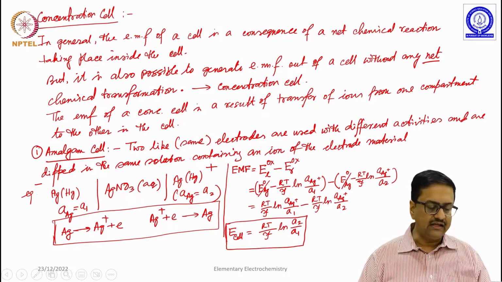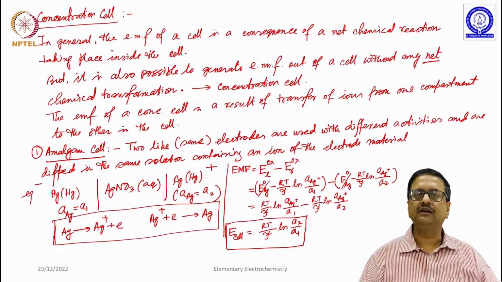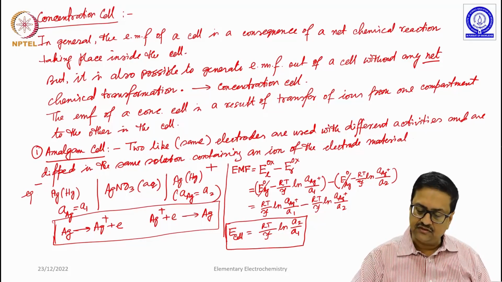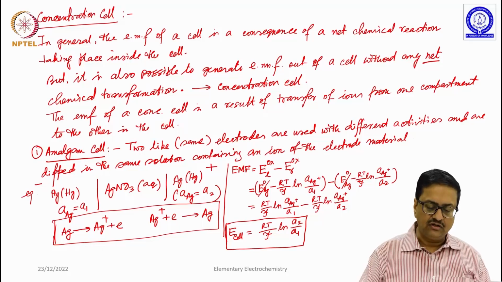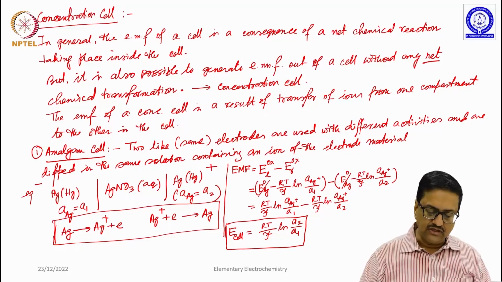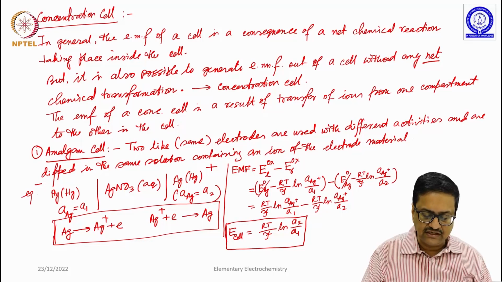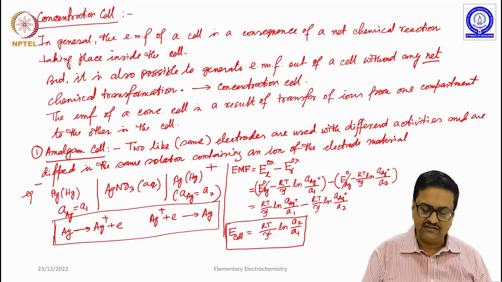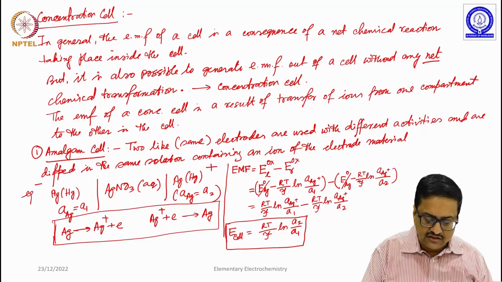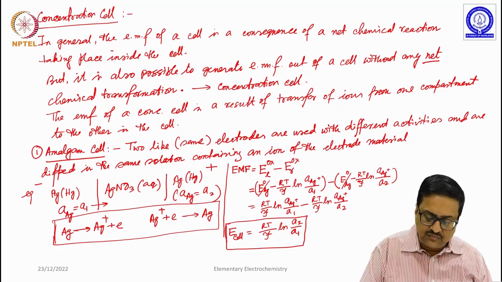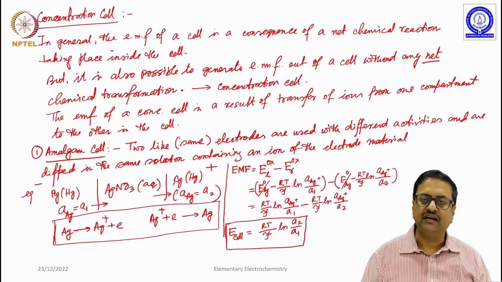So, here what we are getting is that the value of EMF for this cell is regulated by the values of the activities of silver on either side. So, what is happening is there is a transfer of silver from left hand side to the solution of AgNO3. So, Ag gets converted to Ag plus here, and that Ag plus gets converted to Ag on the other side.